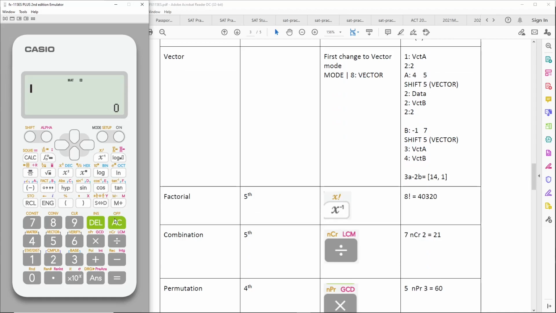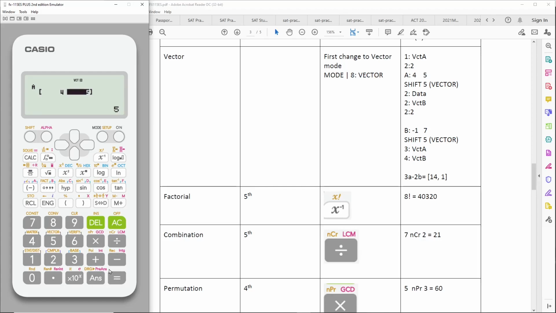Now this calculator can also do vectors, so I can go to mode, option 8 is for vector. So let's modify vector A, so option 1, and basically how many elements, 3 or 2. I'm going to choose 2, put in my values, 4 equal, 5 equal.